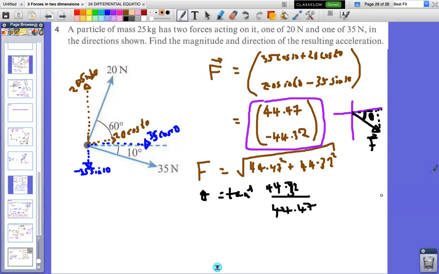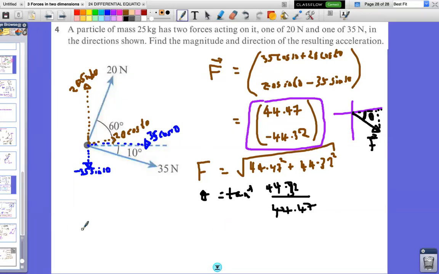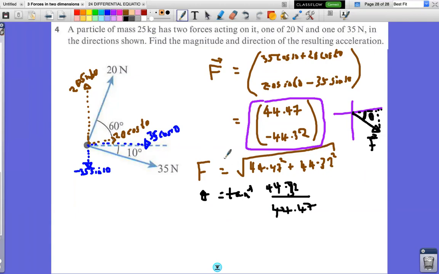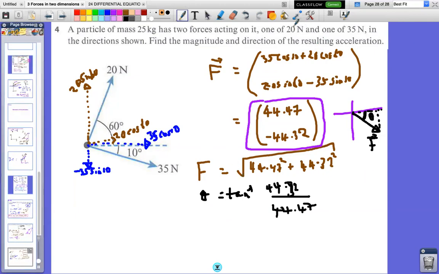And so now you can state the magnitude of your force; we are looking for the magnitude of acceleration. From here, it's of course easy to get the acceleration, F equals ma.